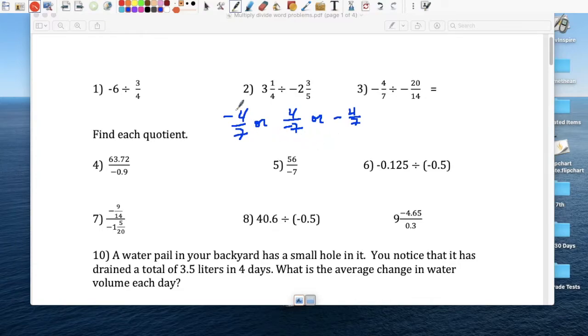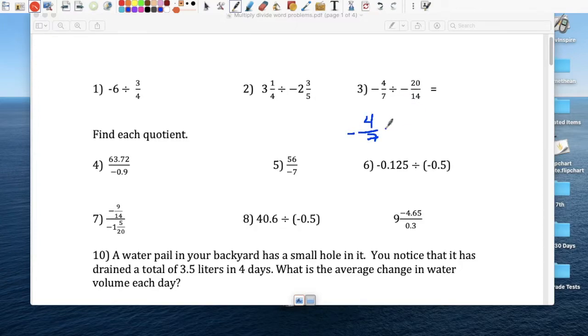If you put -4 divided by 7 in a calculator, or 4 divided by -7, or minus 4 divided by 7, they would each lead you to the same answer. So it really doesn't matter where you put it. In this case, let's just keep it where it is.